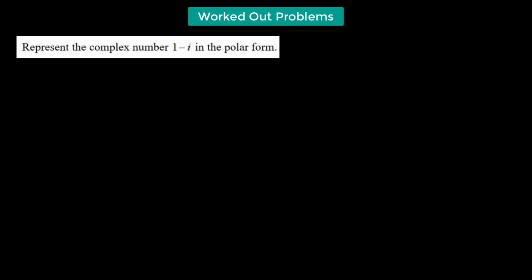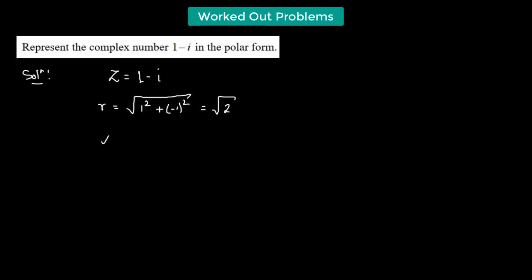So we have the complex number 1 minus i, and we have to represent it in the polar form. So we have z given by 1 minus i. The r value is simply going to be equal to the square root of the real part squared plus the imaginary part squared, which gives us the square root of 2.